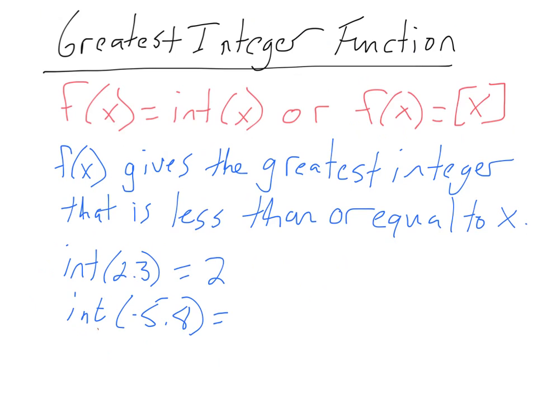The largest integer that is less than or equal to that is negative 6, right? We could go down. What about int of 4? That's just 4. If it is actually a whole number, it doesn't change it.